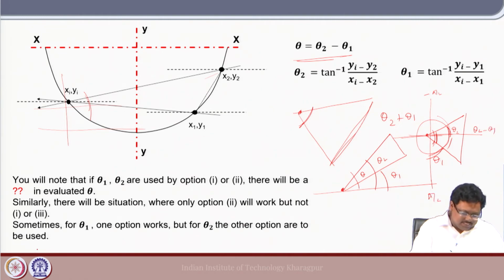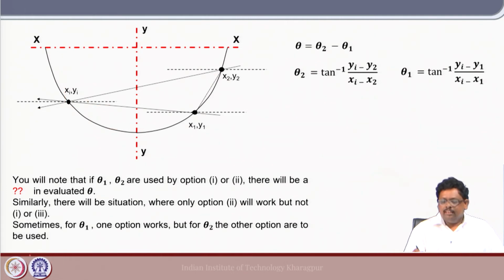Okay, let me explain again. Now, I take two situations. Here this is your source point, and let us say this is your cross section. So, I am lying here in this panel, which is 0 to pi in this region.